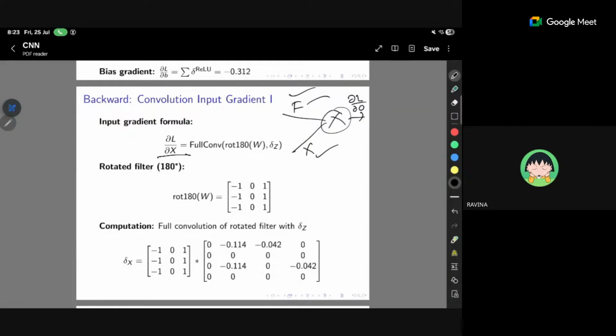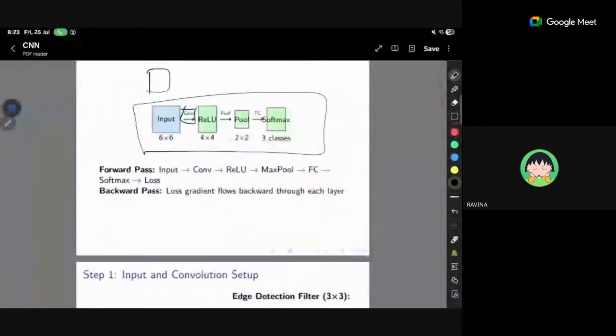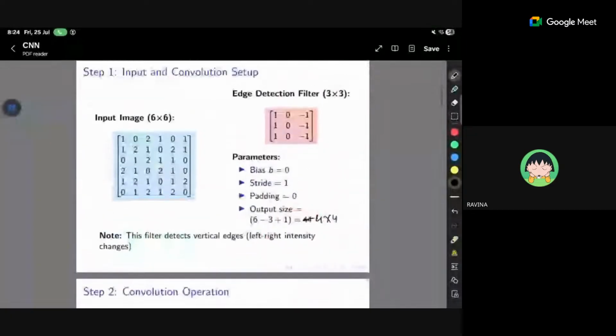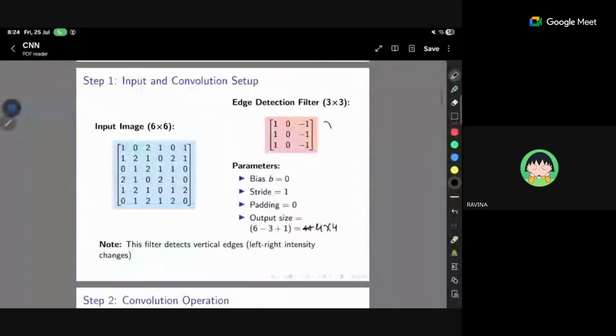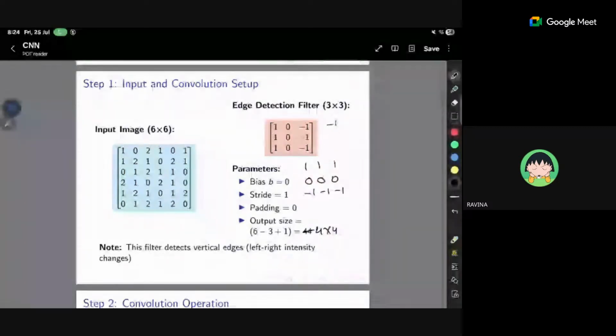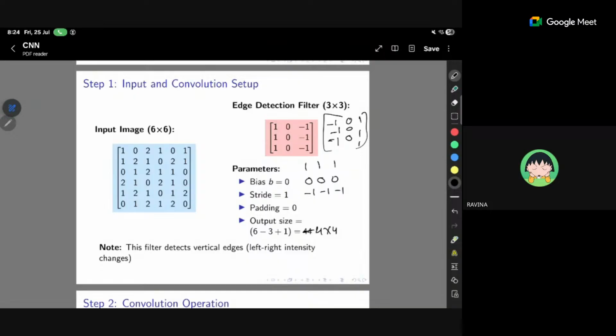So initially W was looking like this. Now I'm going to do a 180-degree rotation of that. So let's say 90-degree rotation is 1 1 1, 0 0 0, minus 1 minus 1 minus 1, and 180 would be minus 1 minus 1 minus 1, and like this. Okay? So this is called 180-degree rotation.